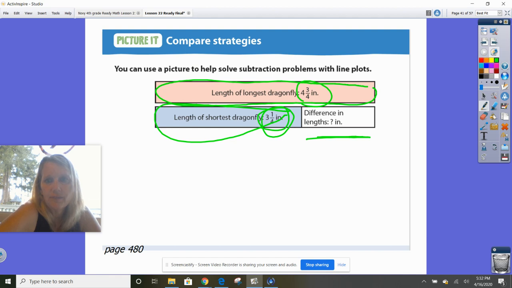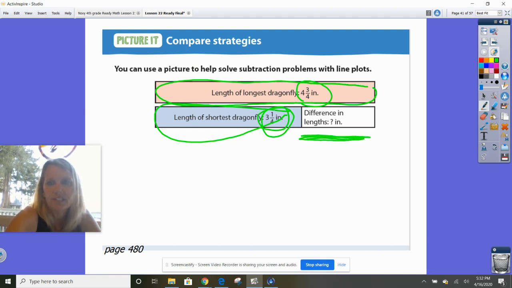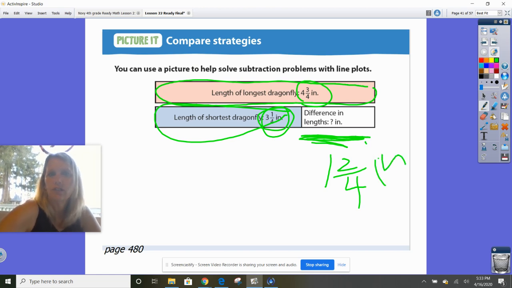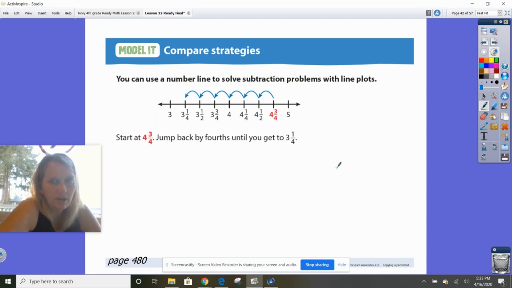Because then you'll have the same thing to find what's the difference. So from there, you might be able to just go 4 minus the 3 is 1, and then 3/4 minus 1/4 is 2/4 inches. Cool beans. Alrighty.